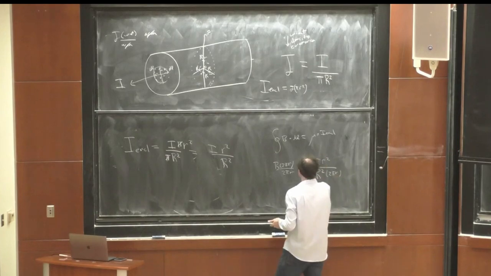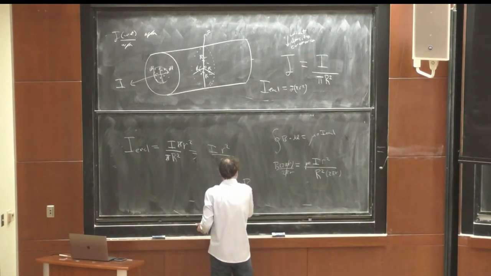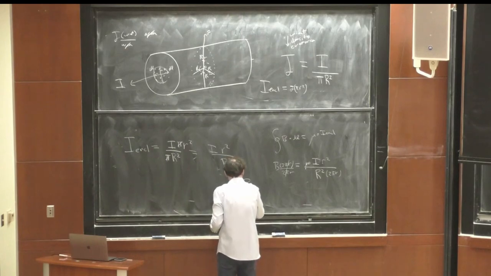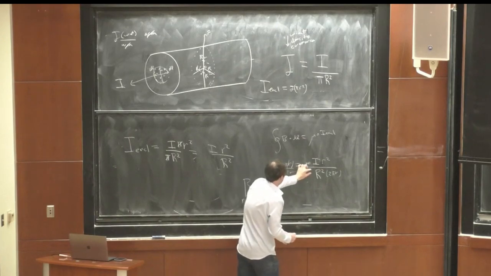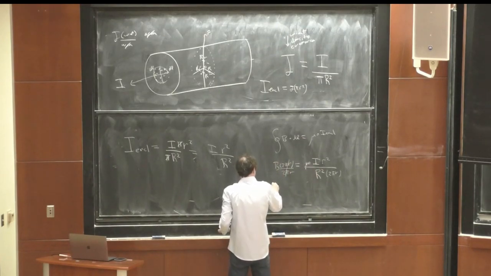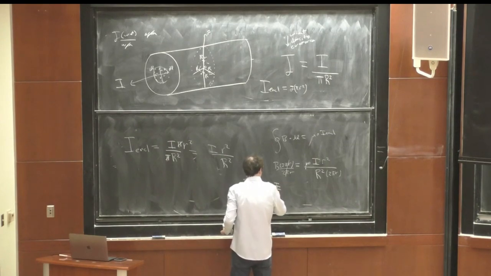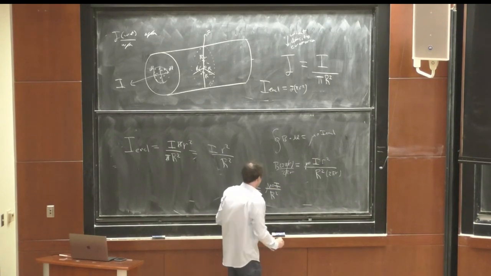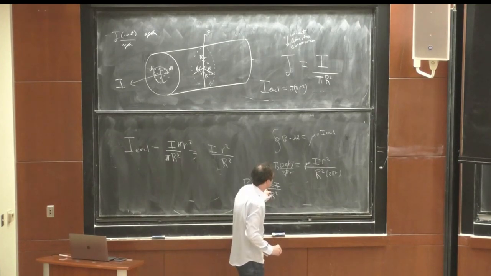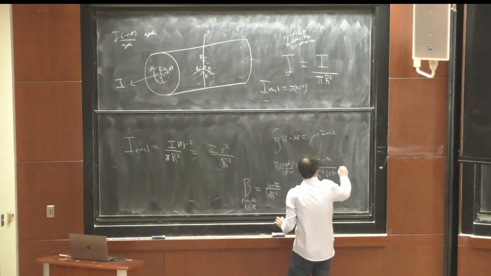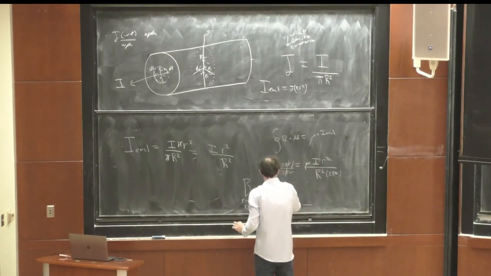So my B field for points inside, for r less than big R, is equal to mu naught I over big R squared, and then there's a 2 pi in front. So 2 pi stays, and one of my r's cancels, so I have a single r on top.